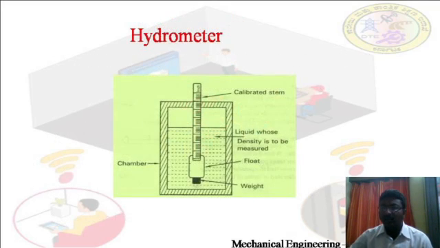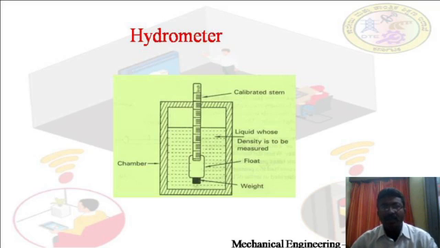The figure shown on the screen is a hydrometer. A hydrometer is an instrument used to measure the relative density of liquids in open vessels. The hydrometer consists of a sealed hollow glass tube with a wider bottom portion for buoyancy.